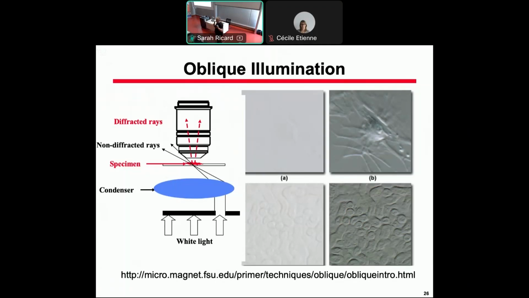Basically, light is coming from the top. So when you see such a structure, you interpret it as light coming from the top, and you see a shadow here.